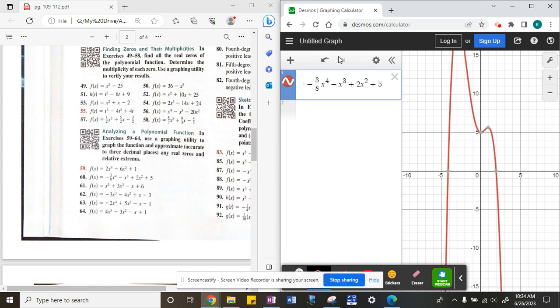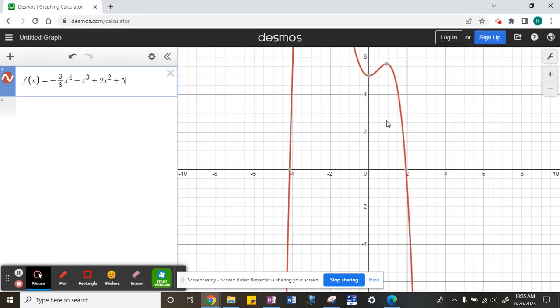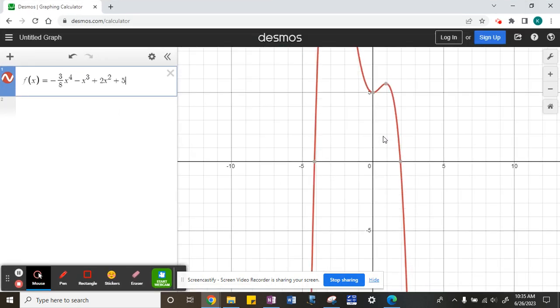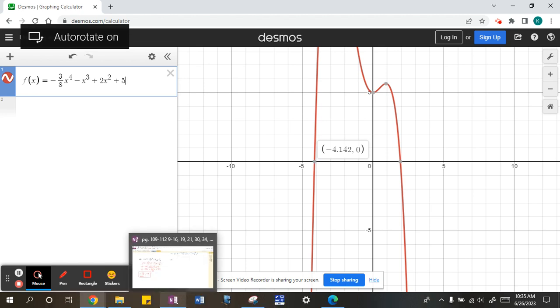If I were putting this in my graphing calculator, I would just zoom 6, which is the standard. That is getting it into a 10 by 10 window. And I can see an approximate answer of negative 4.142. I'll write that down.